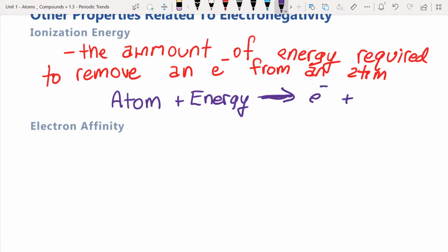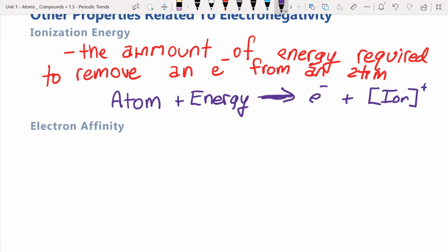And now, what do we call an atom that has lost or gained an electron? Once it has a charge, does anyone remember what we call it? Now I have an ion. And will this particular ion have a positive charge or a negative charge if I've taken an electron from it? Positive. Very good. Does that make sense?